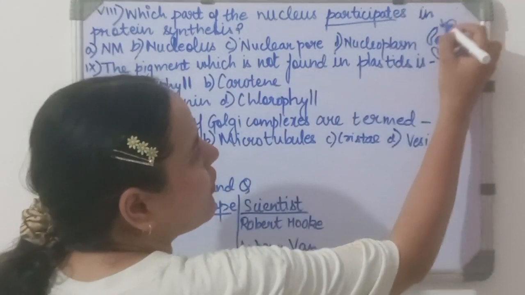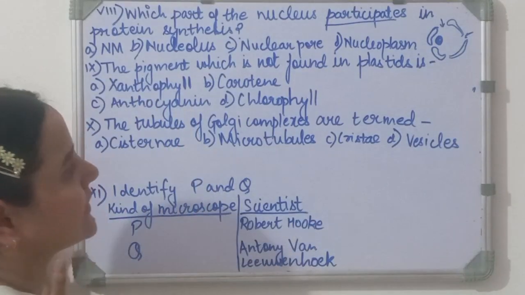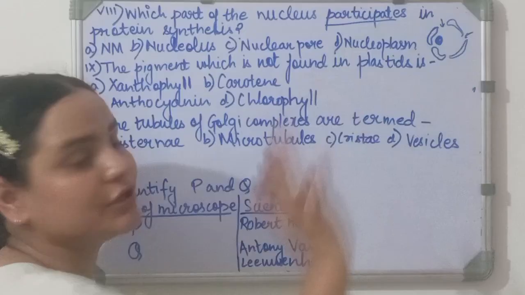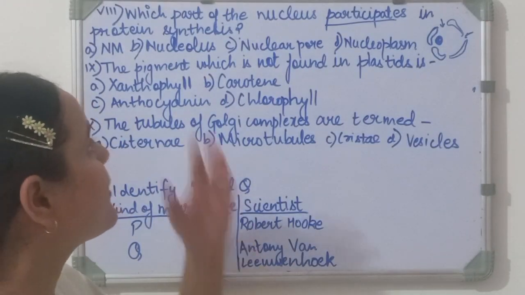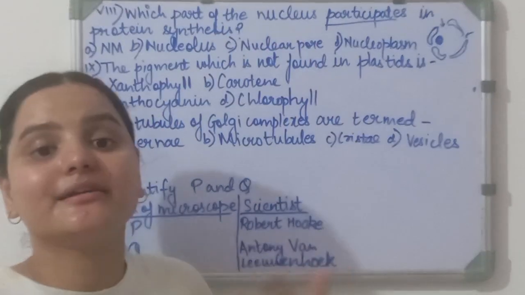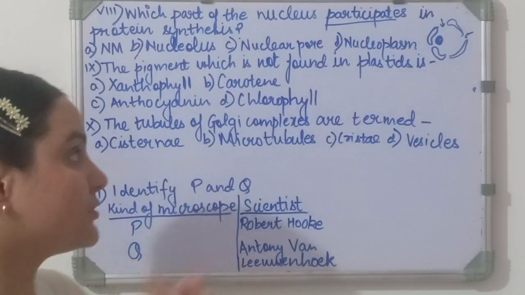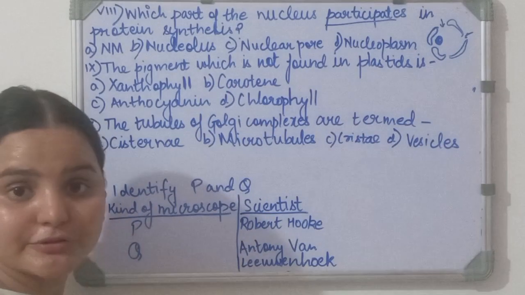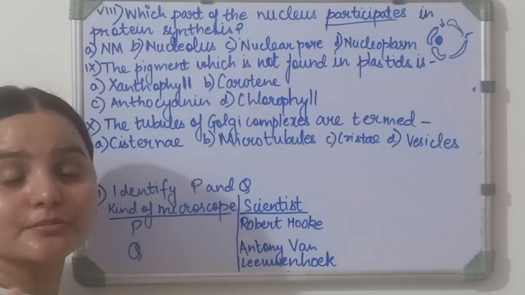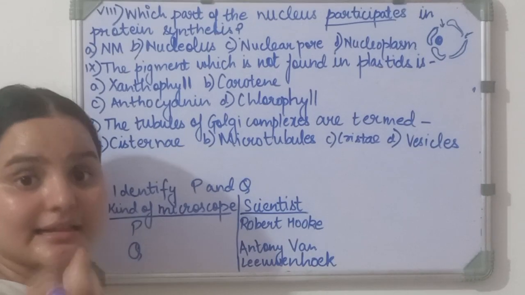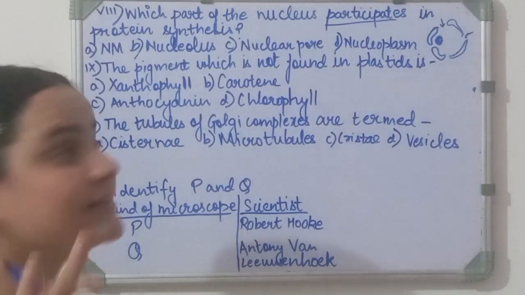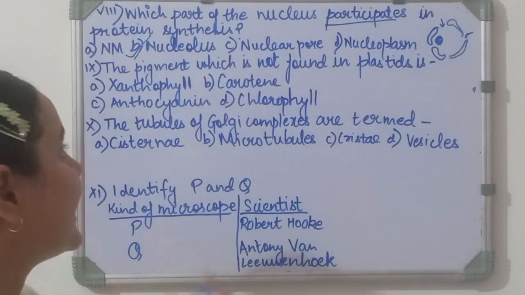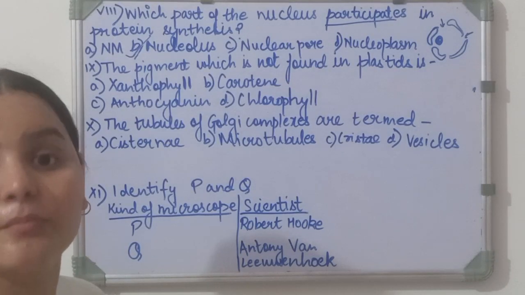This opening is called nuclear pore. Then nucleoplast, this whole empty space is called nucleoplast. So it is asking which part is participating in protein synthesis. So this nucleolus, it forms ribosomes, and the function of ribosomes was protein synthesis. That's why here the correct option is nucleolus. Okay, it is indirectly helping in formation of proteins.